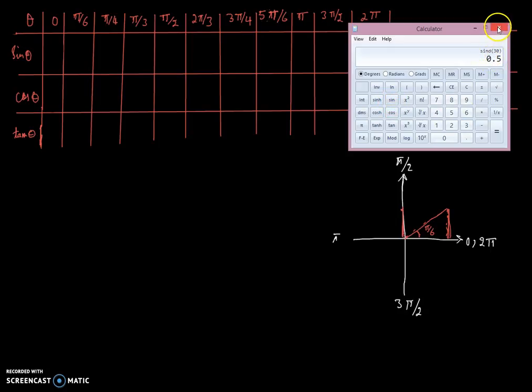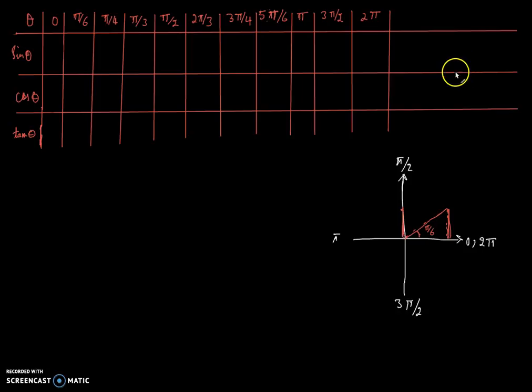So it's 1 by 2. Based on the fact that sine pi by 6 is 1 by 2, and that r is taken as 1, I know that this has to be 0.5, and so on and so forth.